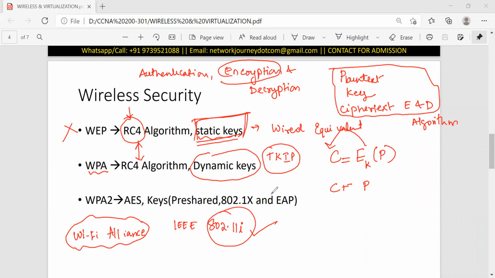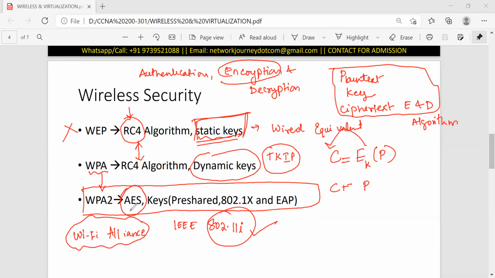But still, we see that there are a lot of issues with these dynamic keys and WPA. So the most secure thing we currently use in our own systems is WPA2, the second version, which makes use of the AES algorithm, a very popular symmetric key algorithm.